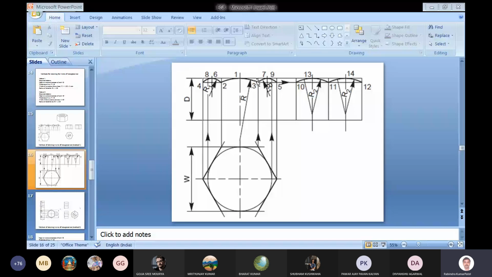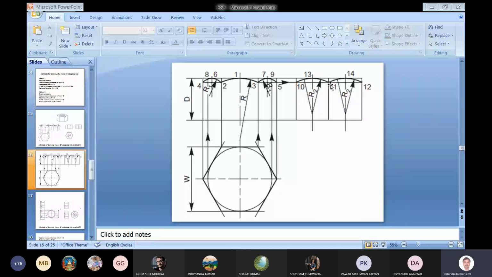Similarly, this arc we can draw. In the same way, we can transfer the dimension from this side for the side view, and draw these arcs, because 3 points are known to us: 10, 11 and 13, similarly 11, 12 and 14.